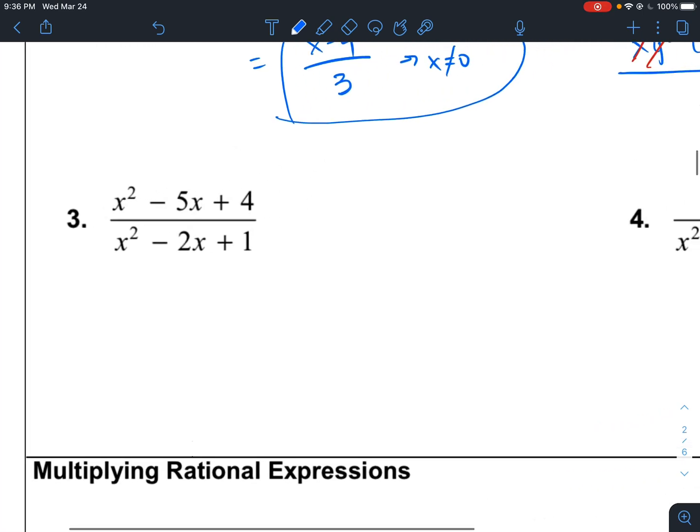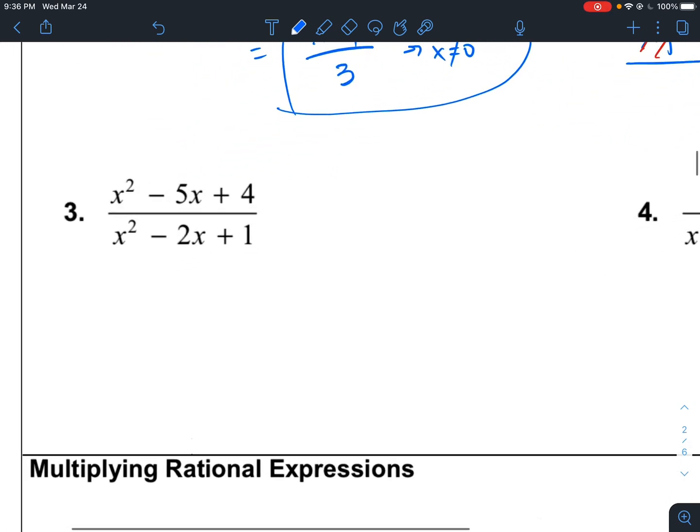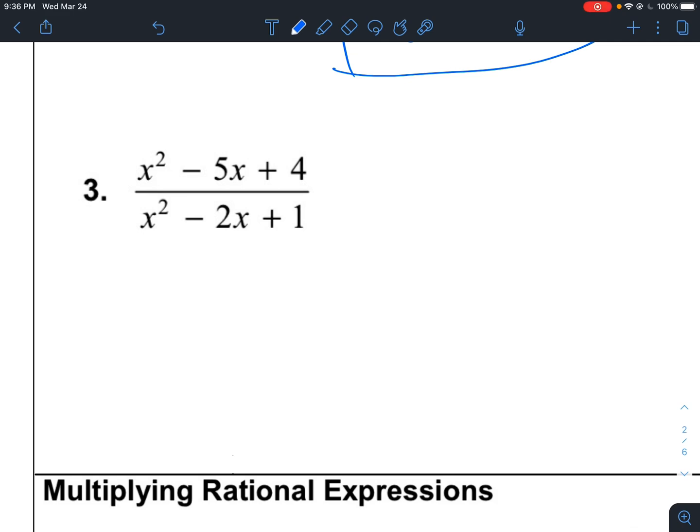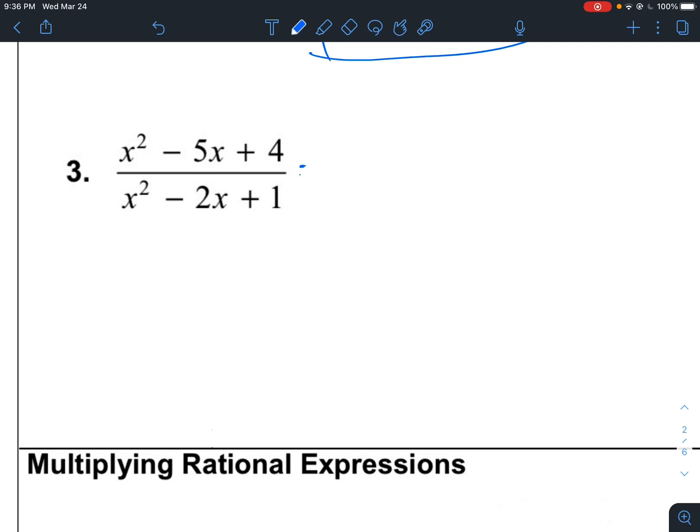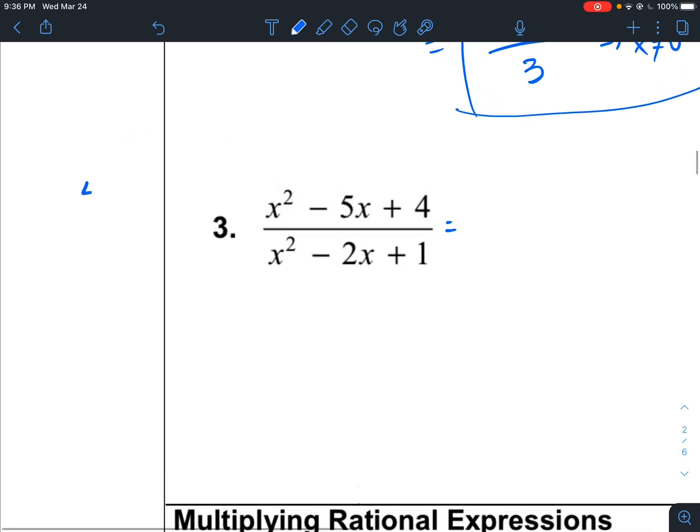So this would be an example of quadratics that you have to factor using the method that we used up here. To factor this numerator, x squared minus 5x, I need to find factors of 4 that multiply to be negative 5. The only factors of 4 are 1 and 4 and 2 and 2. So it would have to be this one right here, and they'd both have to be negative, because negative 4 times negative 1 is going to be positive 4, but added together is going to be negative 5.